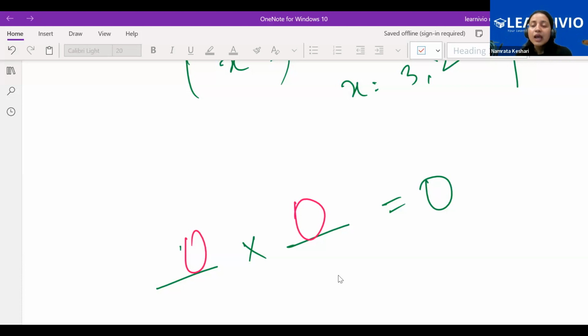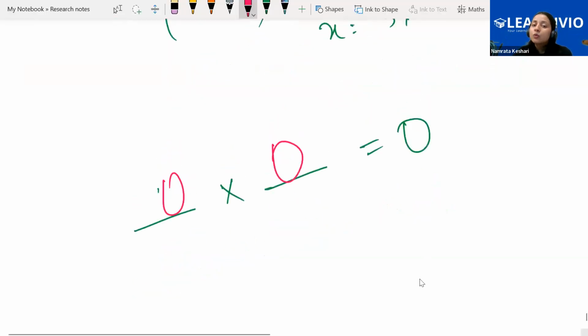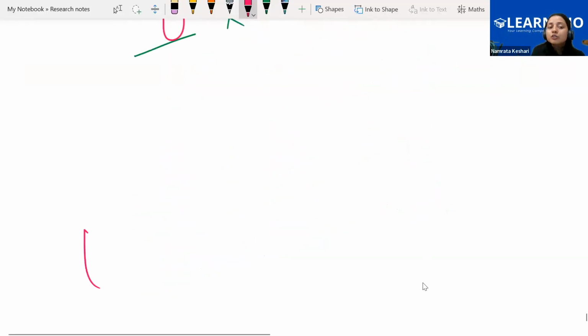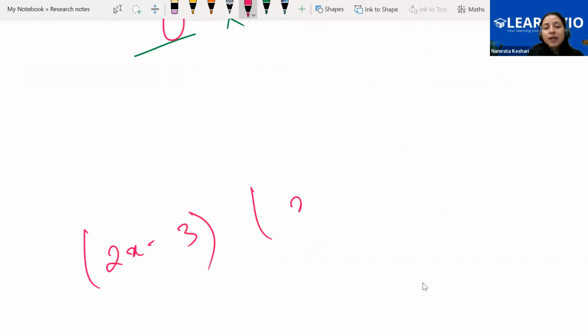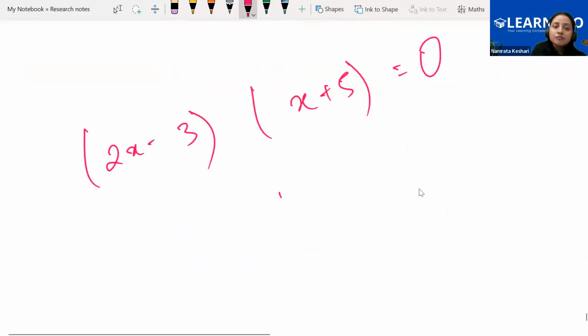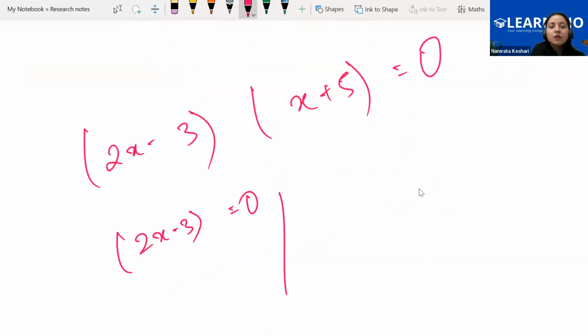Understood? And that's why, not only in a quadratic equation but whenever you get, let's say, (2x - 3) times (x + 5) equals 0, logically, mathematically, you can take either the first bracket as 0, or the second bracket as 0, because the result is 0.